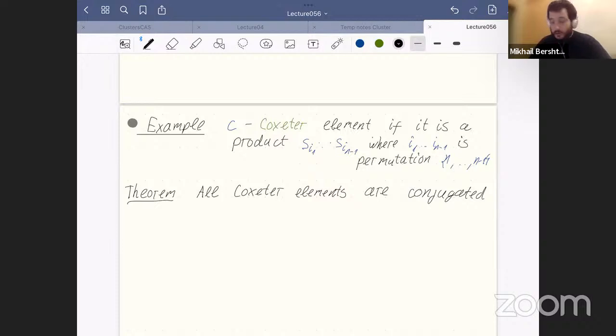And the order of this element C is h, the Coxeter number. For example, one can show the following formula for h.